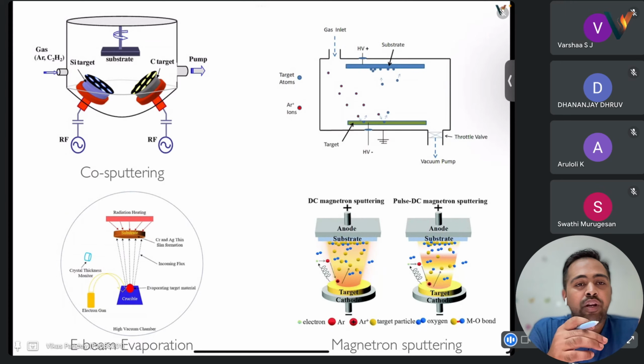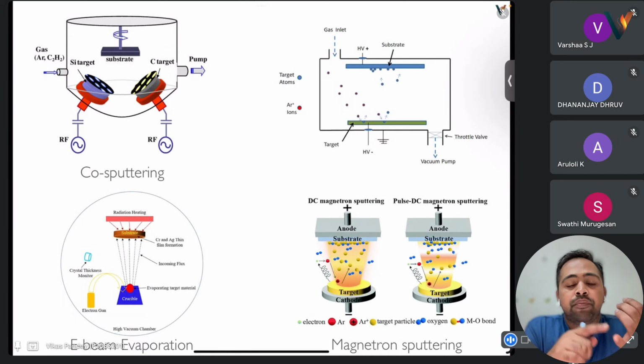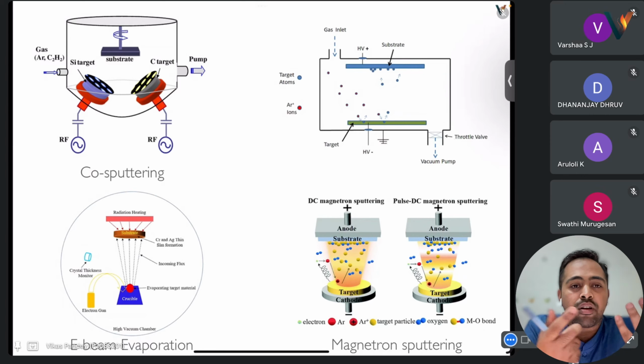Suppose we are using silicon and copper or carbon targets, and we are depositing both of them at the same time. We can be using RF, DC, or whatever technique we have.